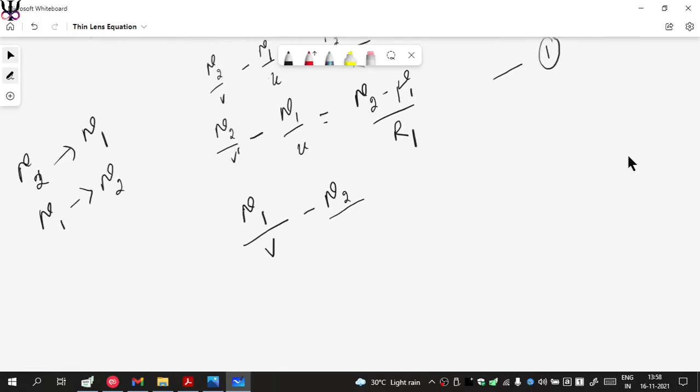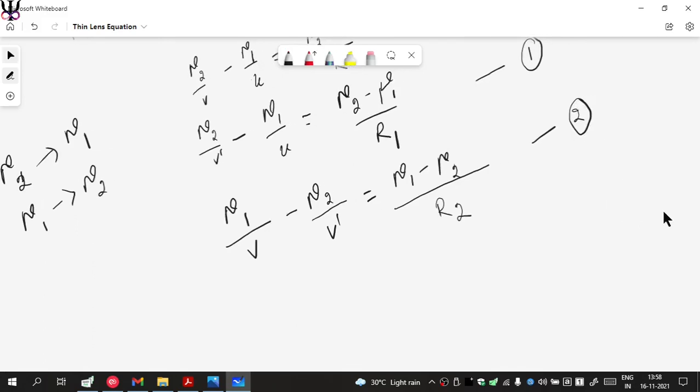So instead of object distance U, we write V dash, and instead of mu2 minus mu1, we write mu1 minus mu2, because the first medium of the first case has now become the second medium, and the second medium has become the first. The radius of curvature is at the second spherical interface, R2.